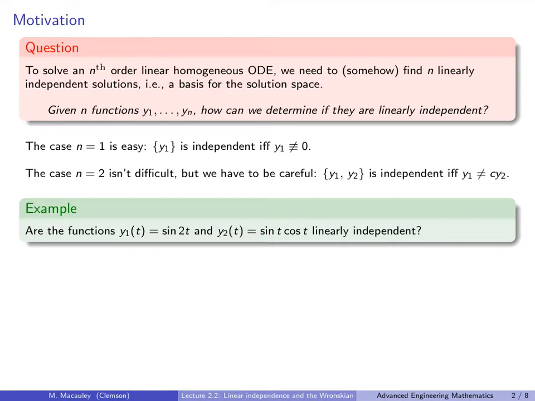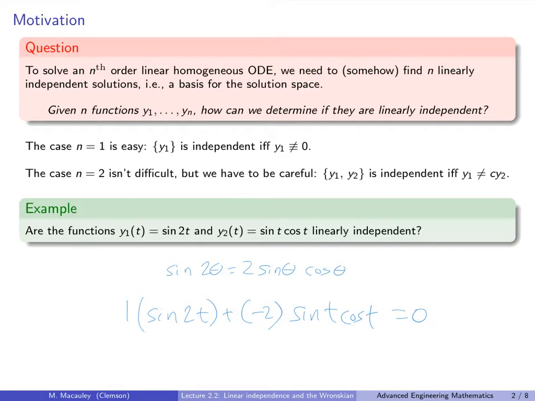Now it looks like at first glance that they aren't, but if you remember your double angle formulas, recall that the sine of 2 times theta equals 2 times the sine of theta times the cosine of theta. So what that means is that if you have 1 times the sine of 2t plus negative 2 times the sine of t cosine of t, then you get 0.